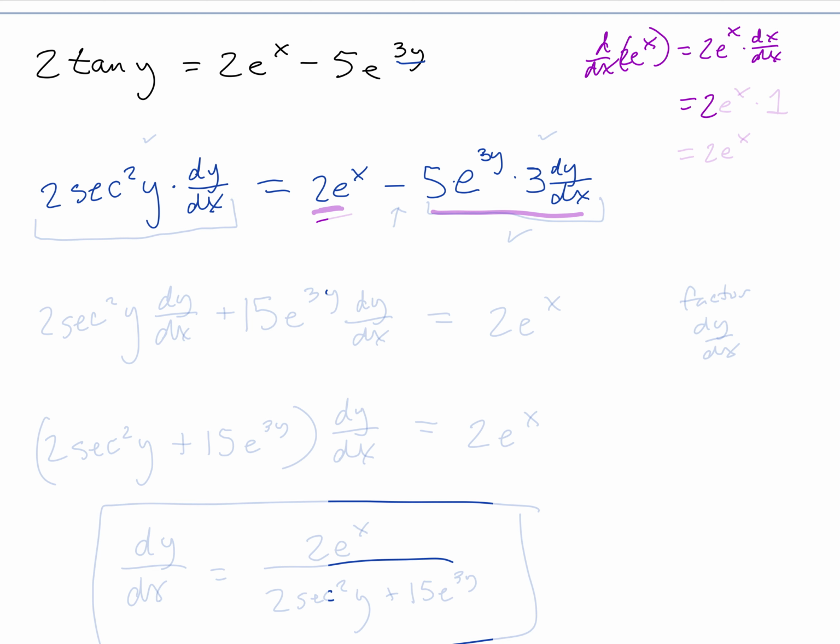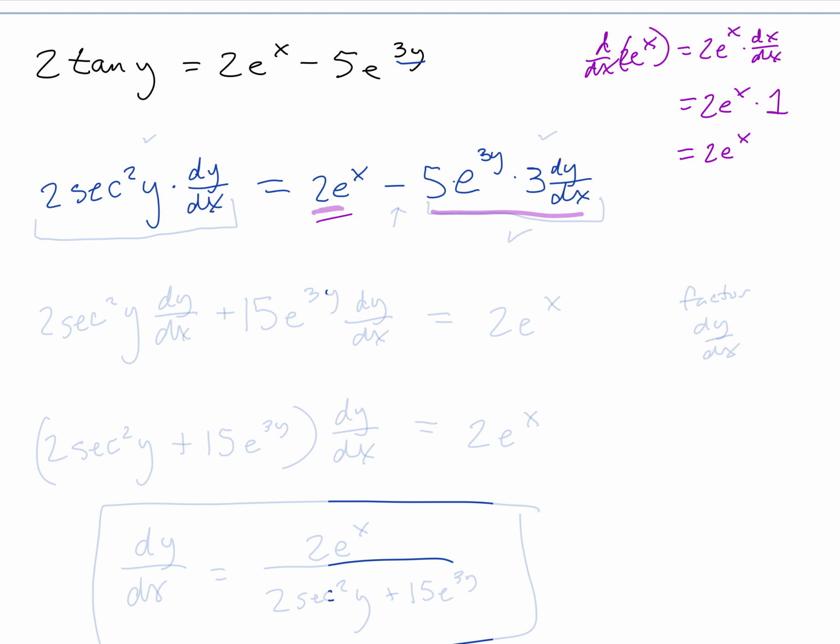That's just 2 times e to the x. So we could think of it as using implicit differentiation all the time. It's just that anytime we took the derivative of x with respect to itself, we would get 1, and so that simplifies to this.